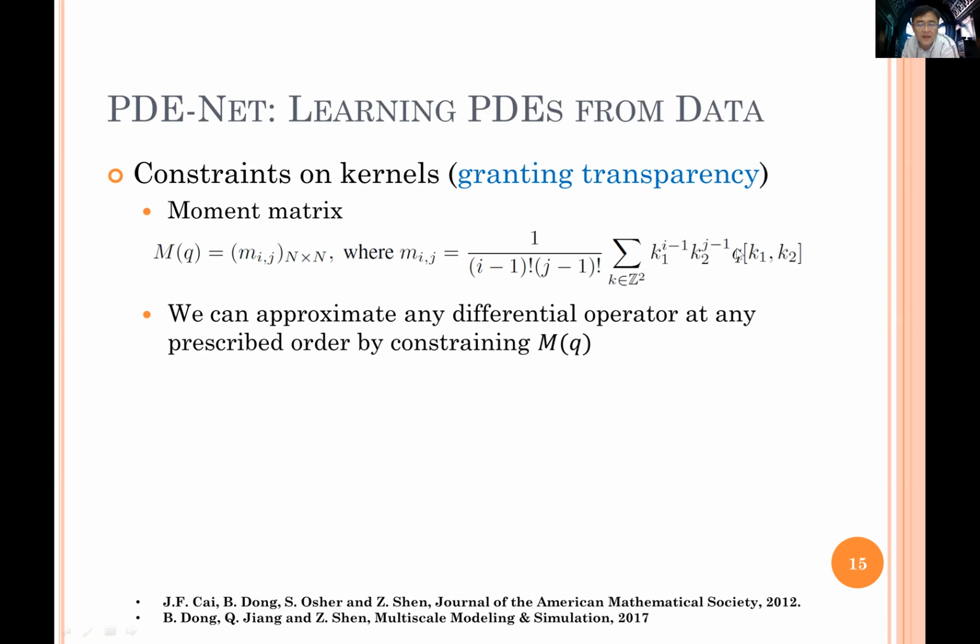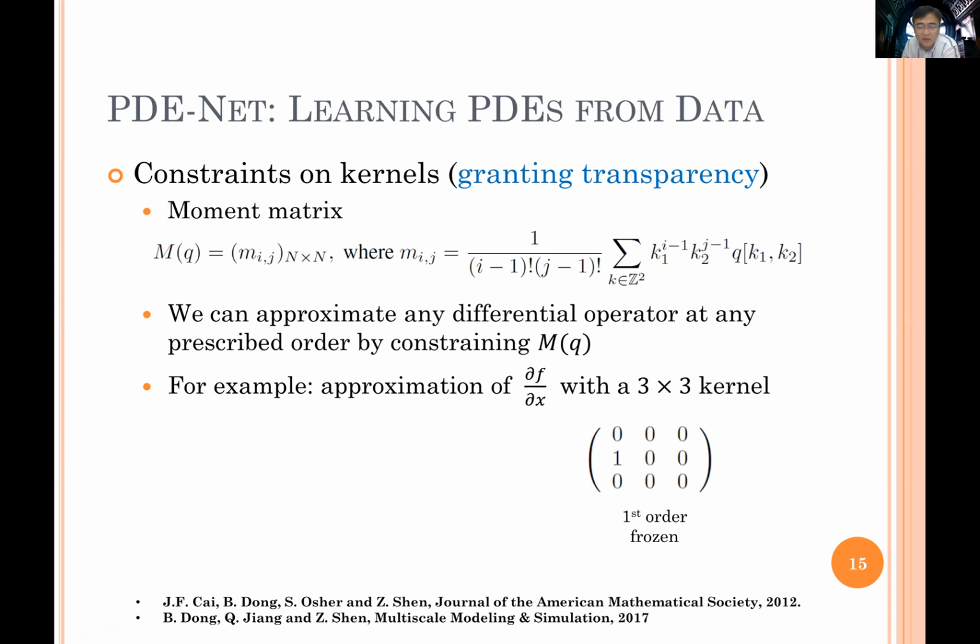So for any given filter Q, we can construct a matrix M. We call it the moment matrix, which is basically the terms from the Taylor expansion. It's very simple calculus. This is a linear transformation from Q to M. And then we can put constraints on M so that we can approximate any differential operators, okay?